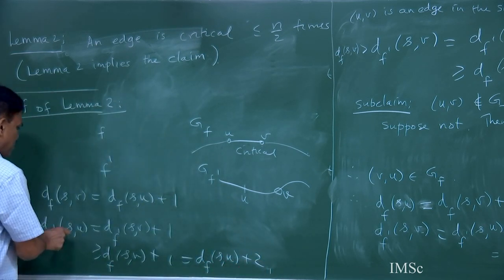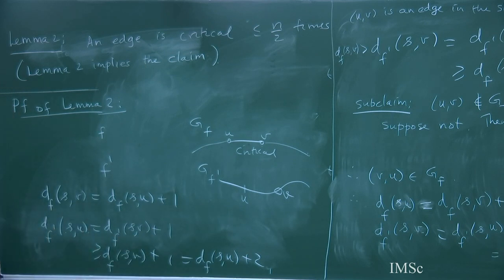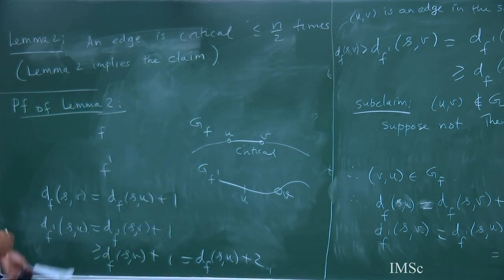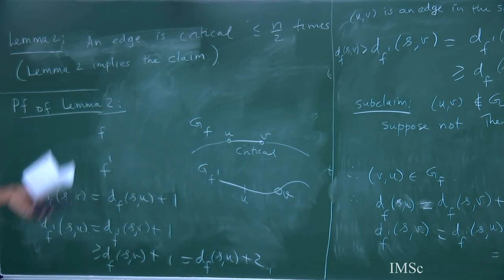So distance from S to U increases by at least 2. Between 2 points where the same edge becomes critical, the starting point of the edge distance increases by at least 2, so it cannot become critical more than n by 2 times.